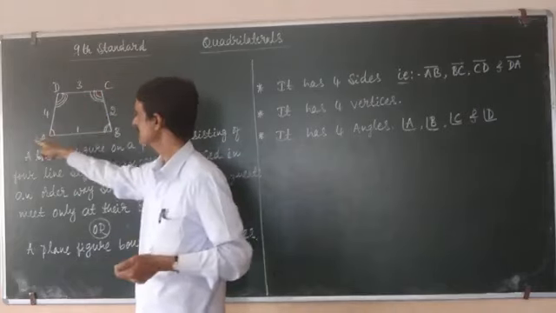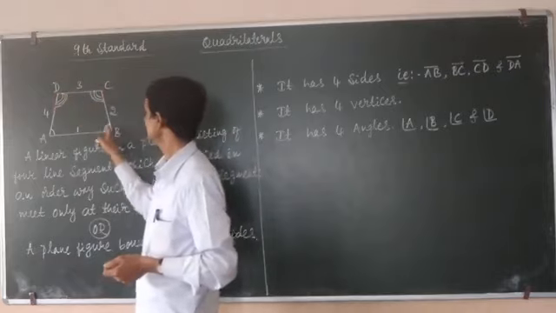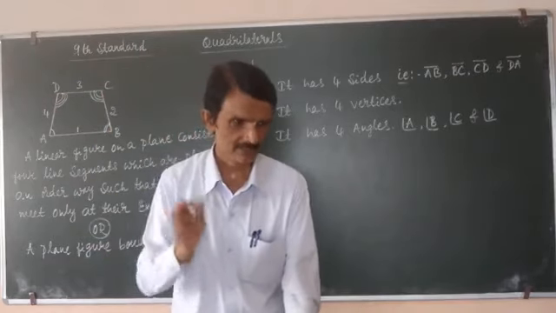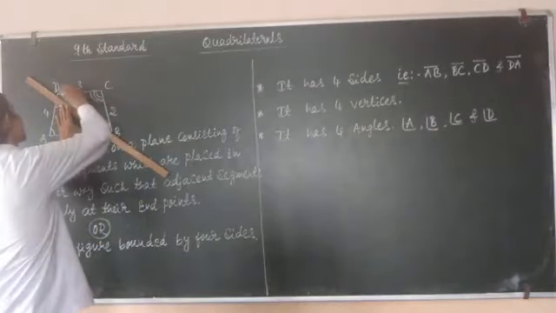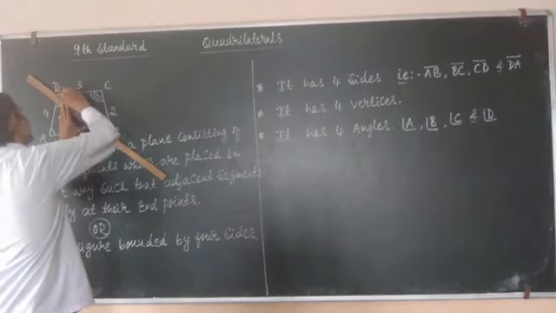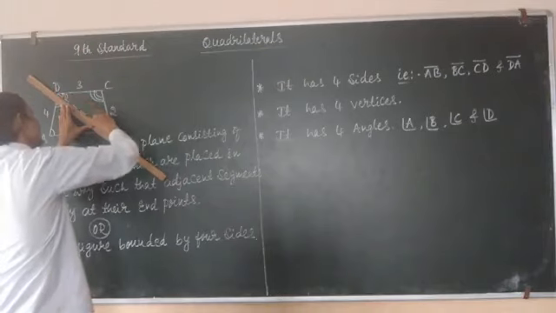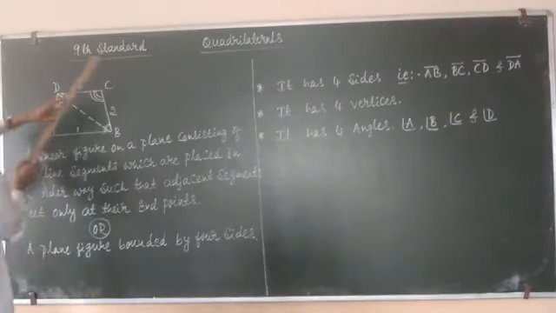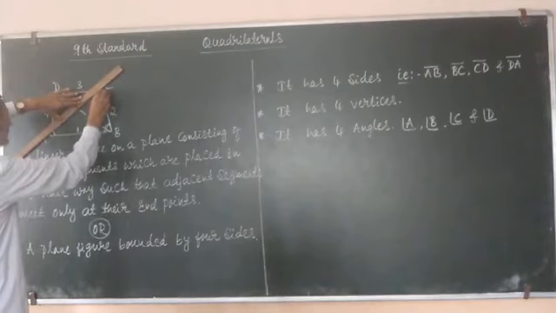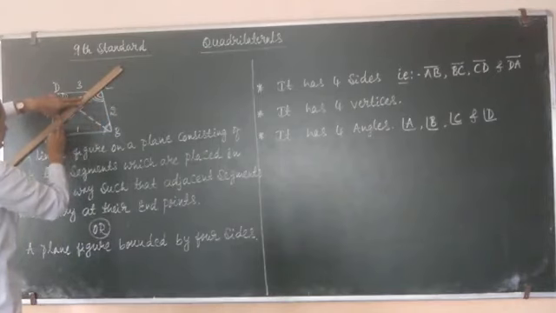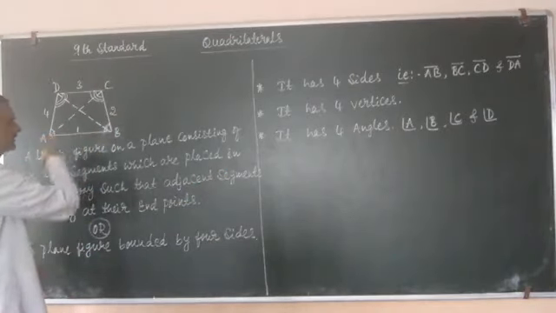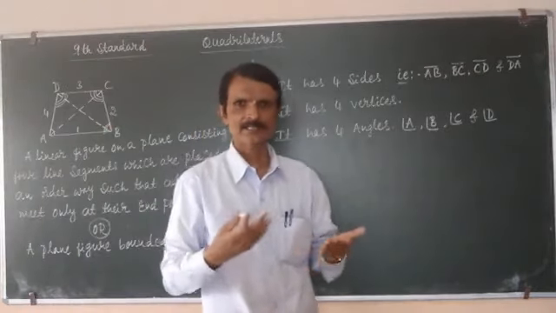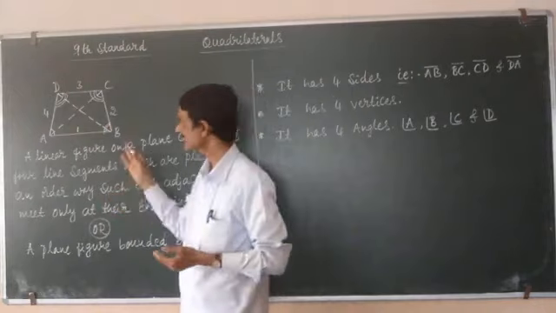The opposite vertices are A and C, D and B. So, I will join the opposite vertices: vertices D and B, and the vertices C and A. If you join the adjacent vertices, they are called sides.